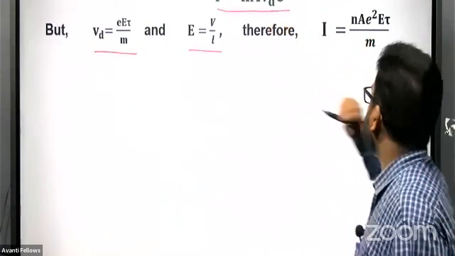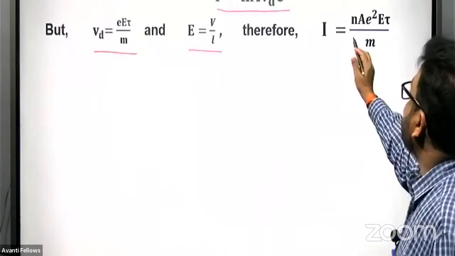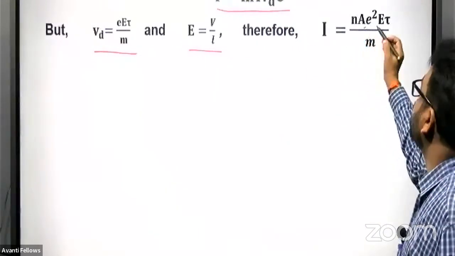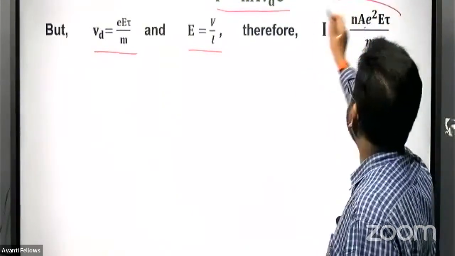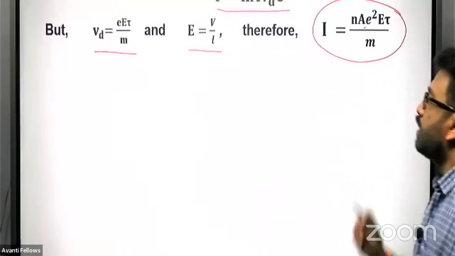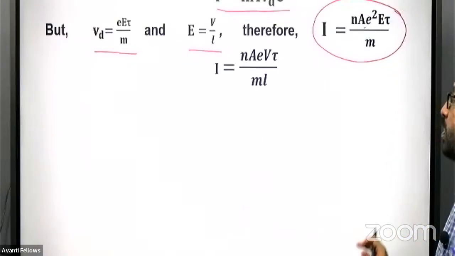Then we can write I as n A. Instead of Vd, we will write capital E upon m multiplied by tau, and one more e is there. So we get a relation like this. I equals n A e square capital E upon m multiplied by tau, the relaxation time. So when we adjust all these things, we get a value like this.